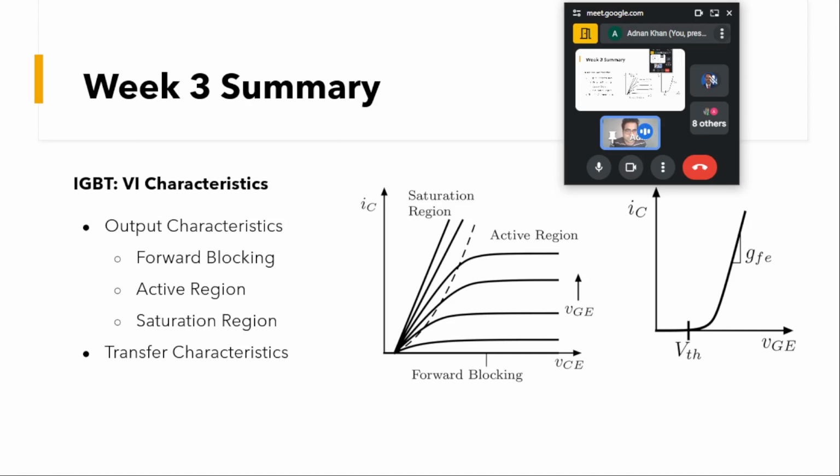Also in the saturation region we have a very small drop, so the power losses will be less compared to the active region, where we have a high VCE as well as IC. And these were the three: forward blocking, active region, and the saturation.